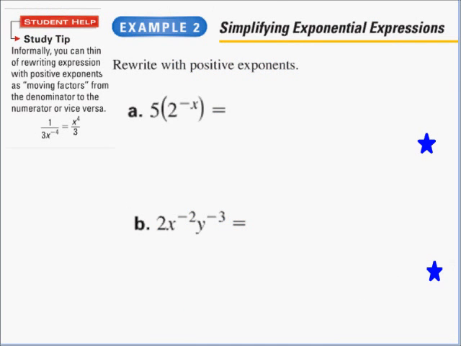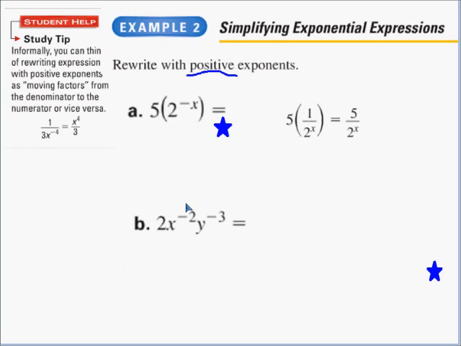Moving on to example 2, we're going to simplify exponential expressions. So this time we want to write these with positive exponents. Okay, so 5 times 2 to the negative x is the same as saying 5 times the reciprocal of 2 to the x, and that would be 5 halves to the x power.